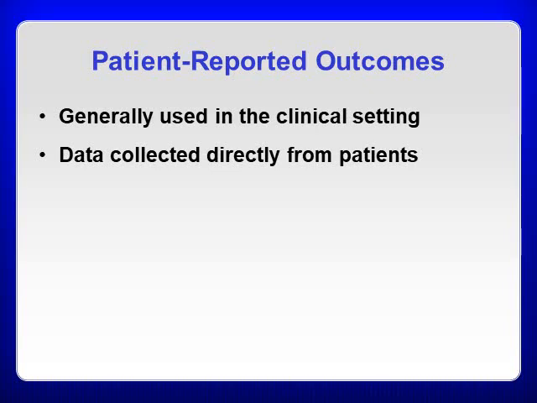In many cases it's a form that a patient will fill out, and it will give you insight into their symptoms, any disability related to their condition, their current health status, and their quality of life. These are all things that let you see: is your treatment working?